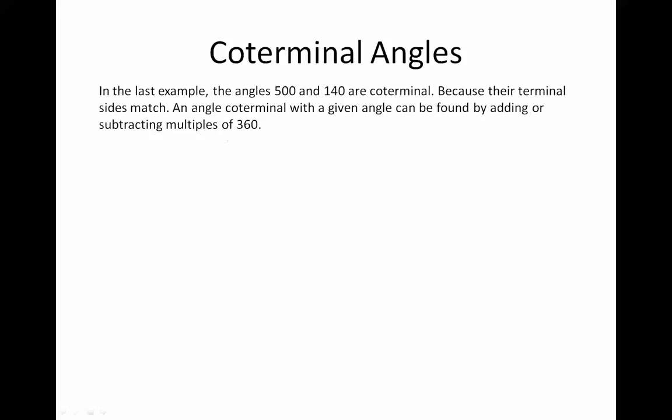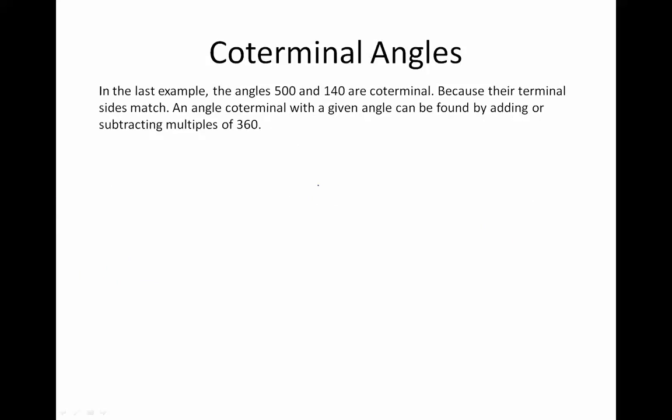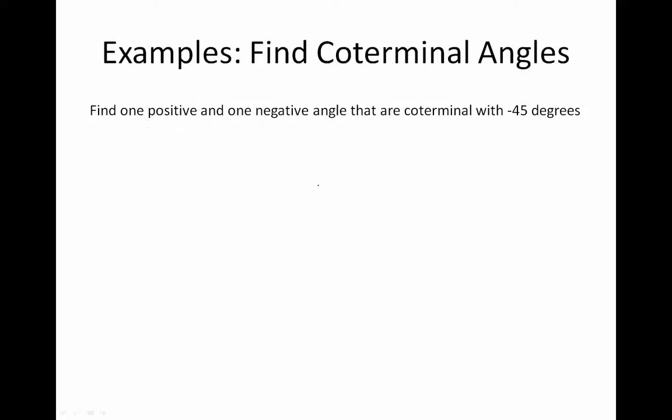And you can find an angle that is coterminal with a given angle by adding or subtracting multiples of 360. Because every time we do a full rotation of 360 degrees, the terminal sides can be the same. So here we go.